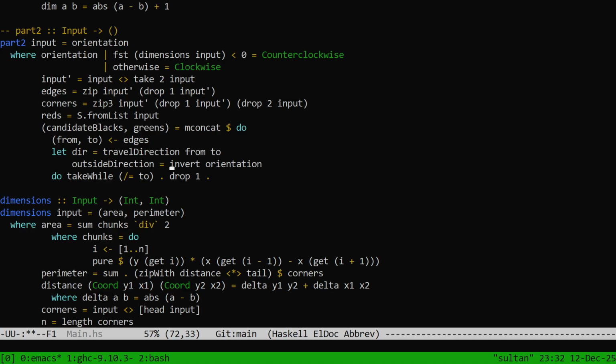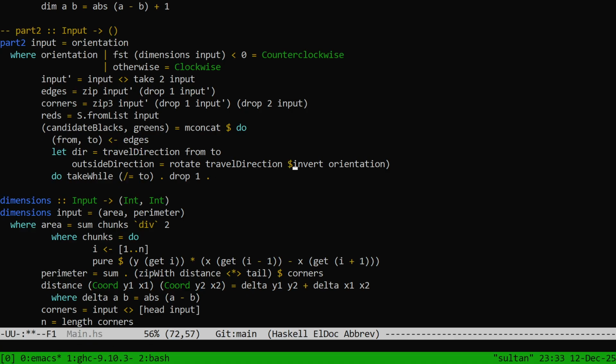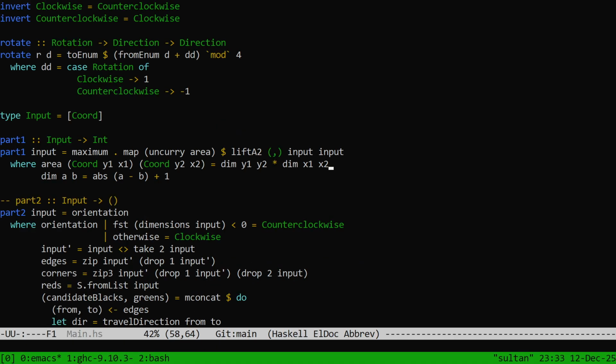No, that's my rotation. I want to apply that to my travel direction. Rotate in the travel direction, invert the orientation. God, this is going to be impossible to test if it's wrong. Well, I have the sample input I can run it on and get something sort of meaningful from it, maybe, if I stop part 2 early. Like if I just tell it to output the blacks, the greens, and the reds or something.